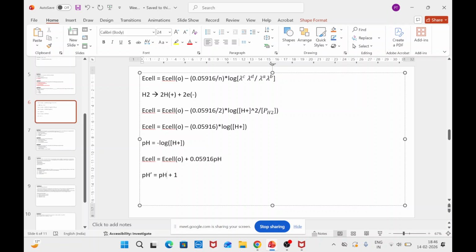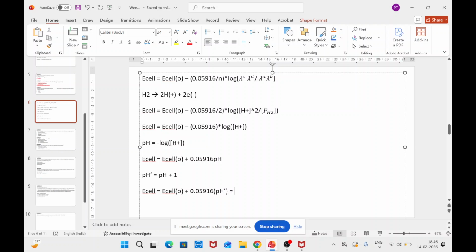Now if you write the same Nernst equation, you will get E cell equal to E cell naught plus 0.05916 times pH prime. Now we know pH prime is nothing but pH plus 1.